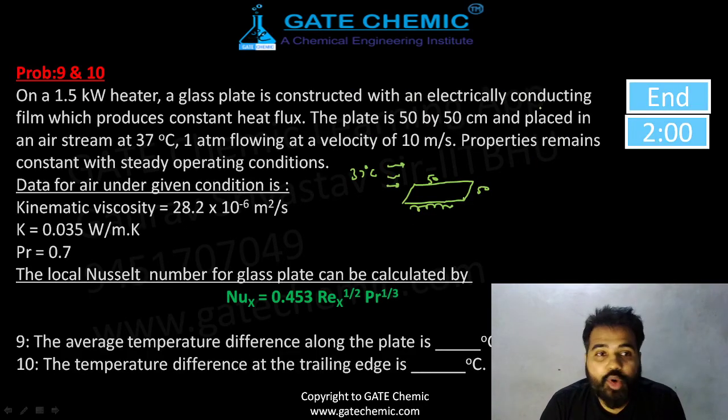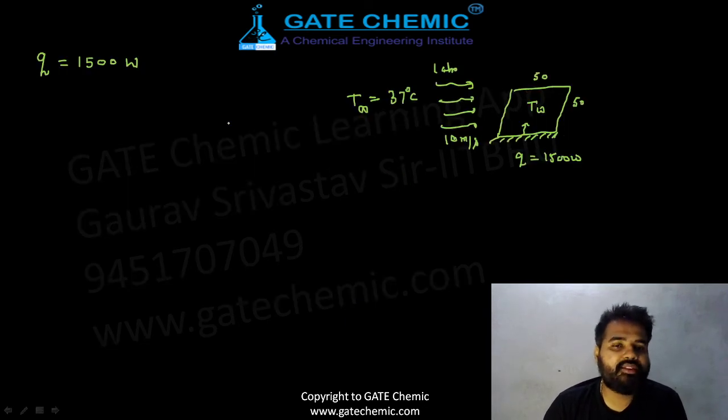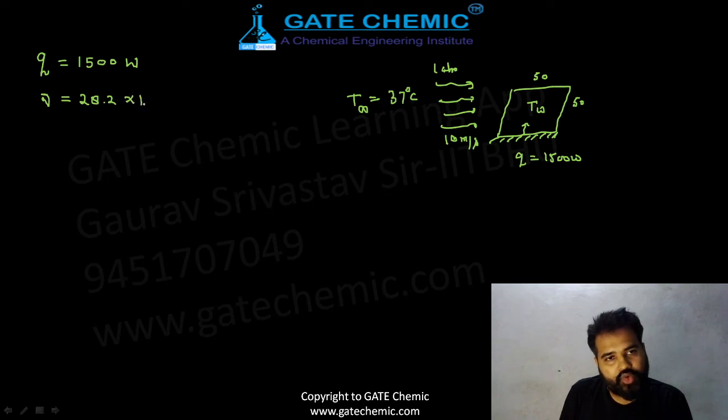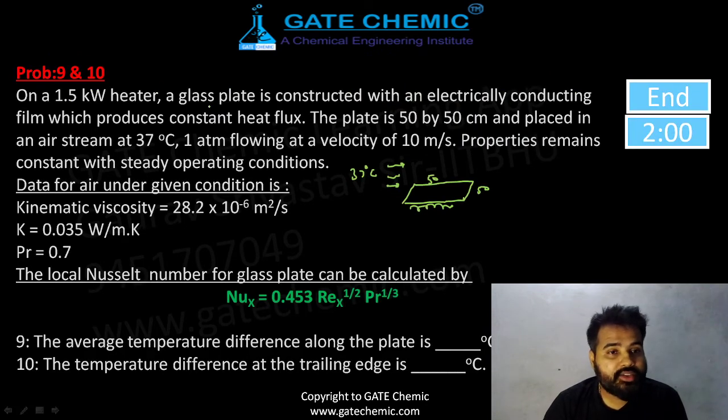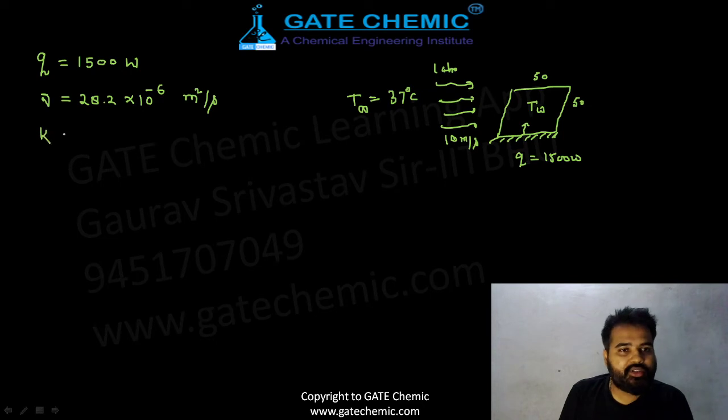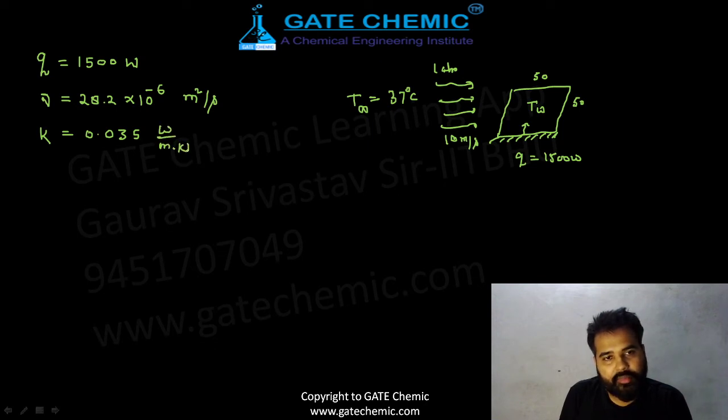Now properties remain constant with steady operating conditions. Data for air under given condition: kinematic viscosity, K, and Prandtl number are given. Kinematic viscosity 28.2 into 10 to the power minus 6 meter square per second, and K, thermal conductivity, 0.035 watt per meter per Kelvin.